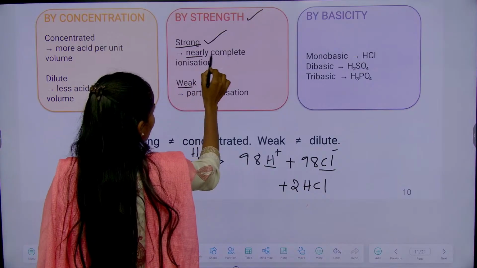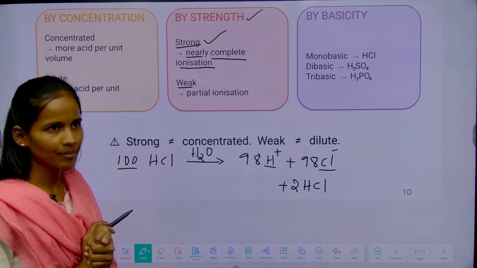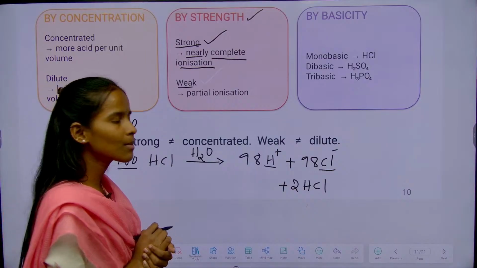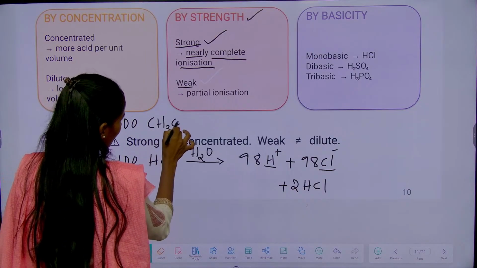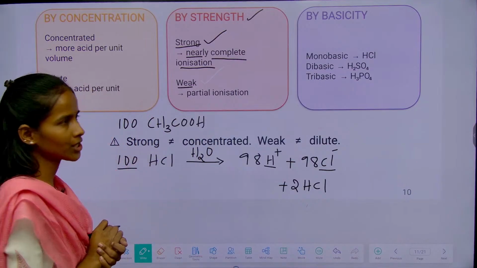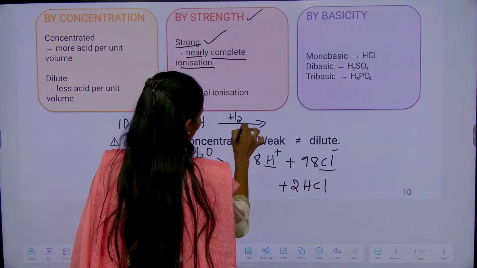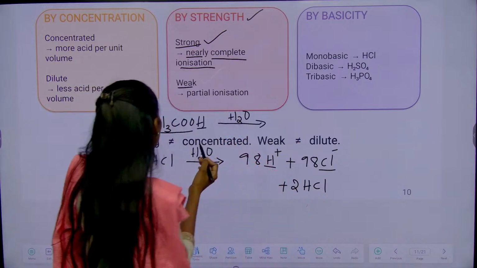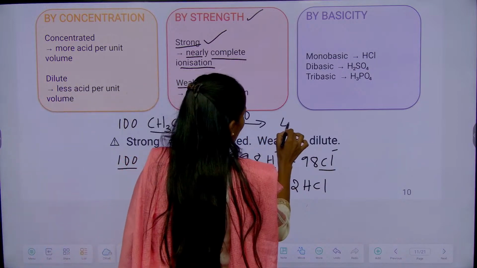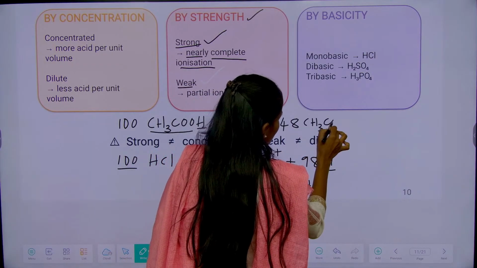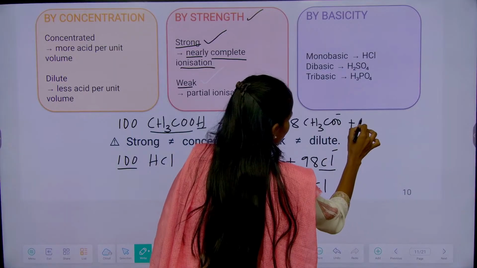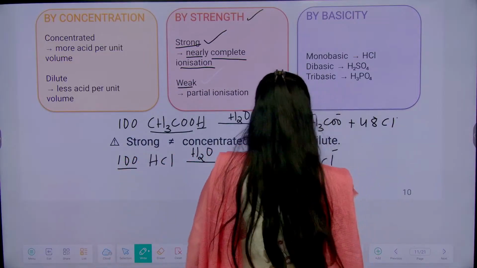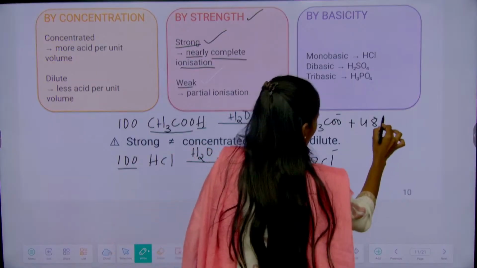Here I have mentioned nearly complete ionization takes place. For example, if we take 100 acetic acid molecules, what is the formula? CH3COOH. In the presence of water, we get H plus ions and CH3COO minus ions. Out of 100 molecules, you get only nearly 48 acetate ions and 48 H plus ions.